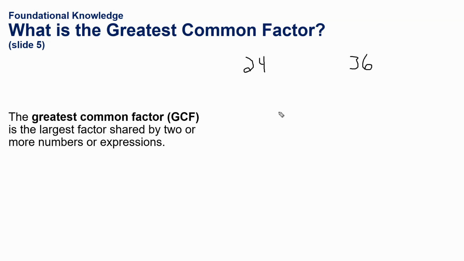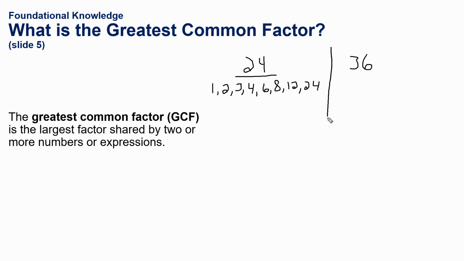So first off, the factors of 24 are going to be 1, 2, 3, 4, 6, 8, 12, and 24. In other words, 1 times 24 is 24, 2 times 12 is 24, 3 times 8 is 24, and 4 times 6 is 24.